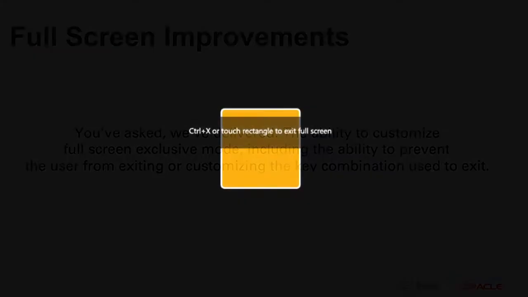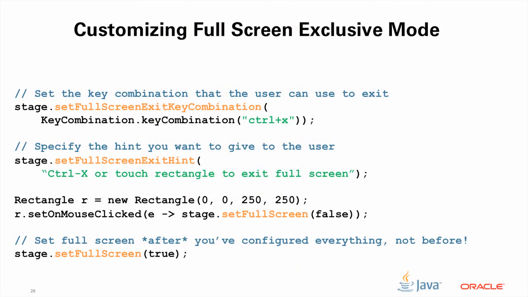And so when that comes up, it may require a keystroke, because you just saw that it said press Control X or touch the screen to exit. So we could restrict it to being able to just press Control X, and that would allow it to get out of full screen.